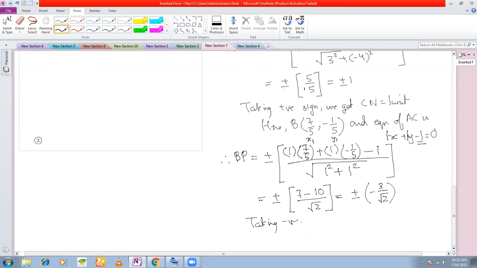Taking negative sign, we get BP is equal to minus of minus 3 by root 2, which is equal to 3 by root 2 units. Or you can write this as 3 root 2 by 2 also units. That is your answer. That is the length of the altitudes.